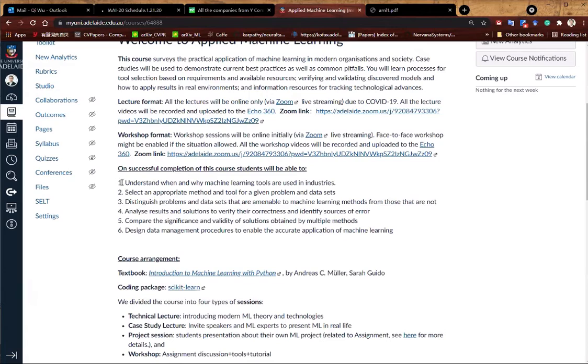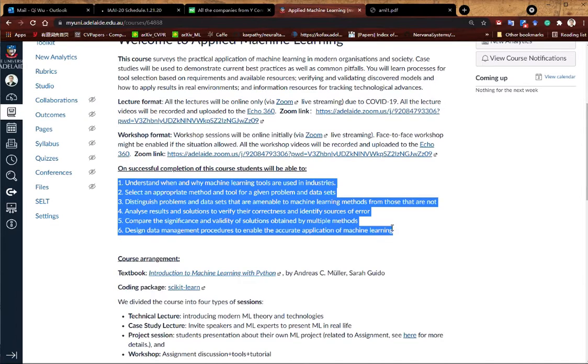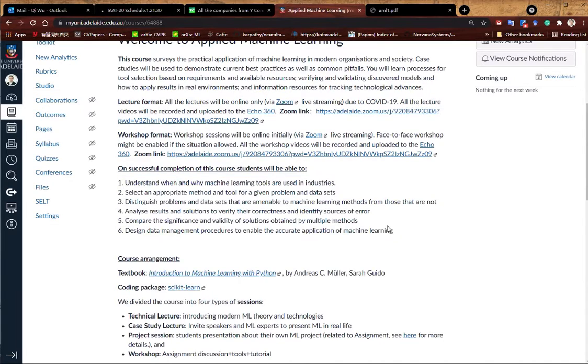According to the goals of this course, as I mentioned, basically we assume that you already learned some machine learning techniques.